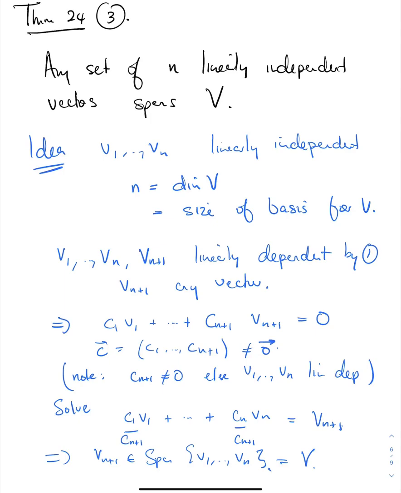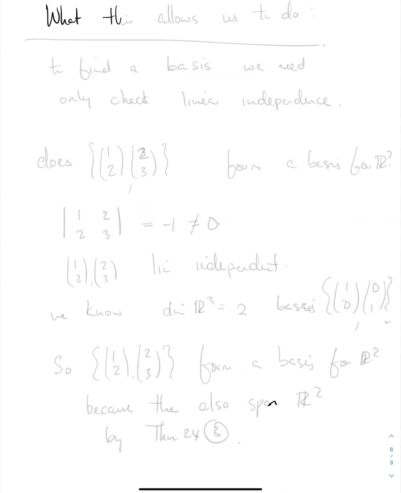Again, what does this allow us to do? This tells us that to find a basis for a vector space, we need only check linear independence.